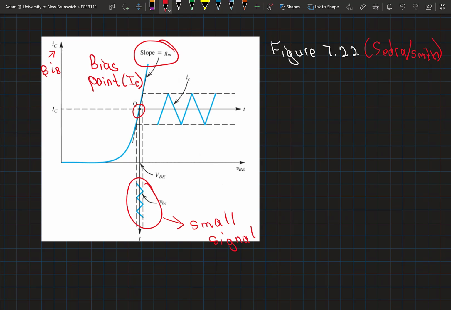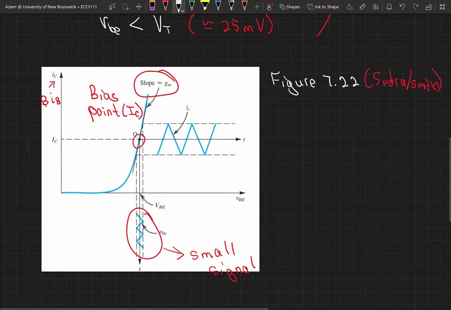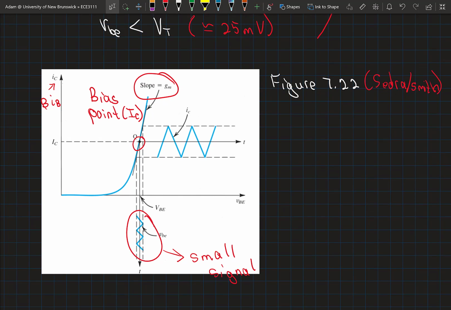So this is shown on the graph as a line drawn tangential to our BJT characteristic at the operating point. Okay, and from that we can come up with a transconductance parameter, just like we did with our diodes.